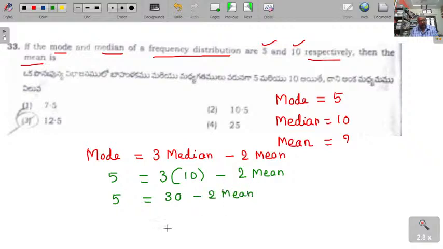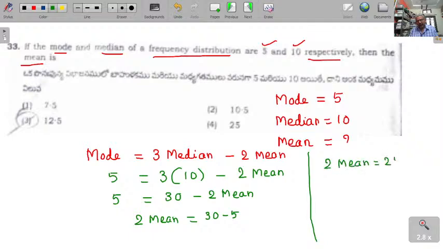Now 2 mean equals, transposing 5 to this side, 30 minus 5, so 2 mean equals 25. So mean is equal to 25 by 2, half of 25, that is 12.5. 12.5 is our answer.